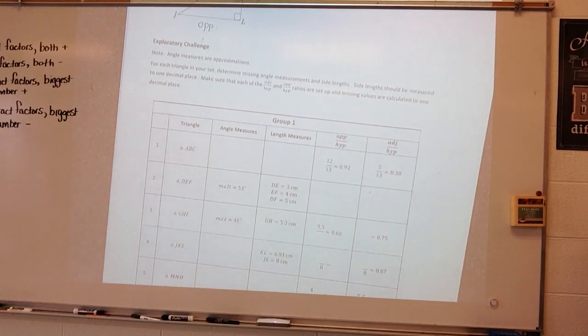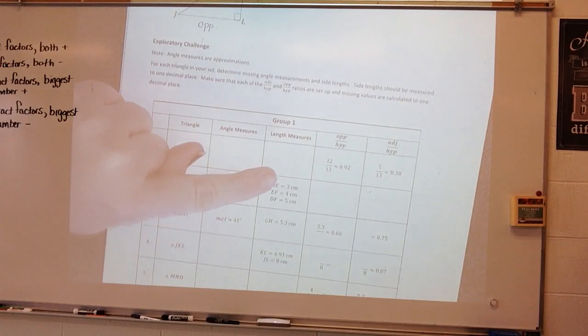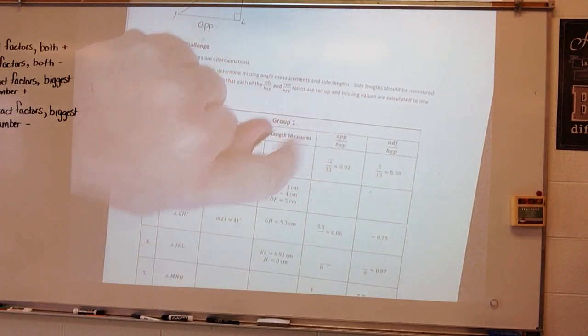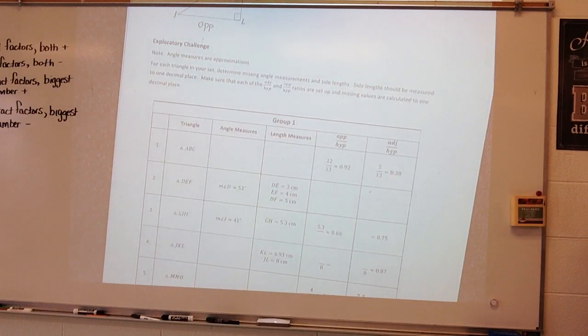All right, so let's look at this. So I have triangle ABC. We want to know what the angle measures are. We want to know what the length measures are. They've given us the opposite over hypotenuse, and they've given us the adjacent over hypotenuse.